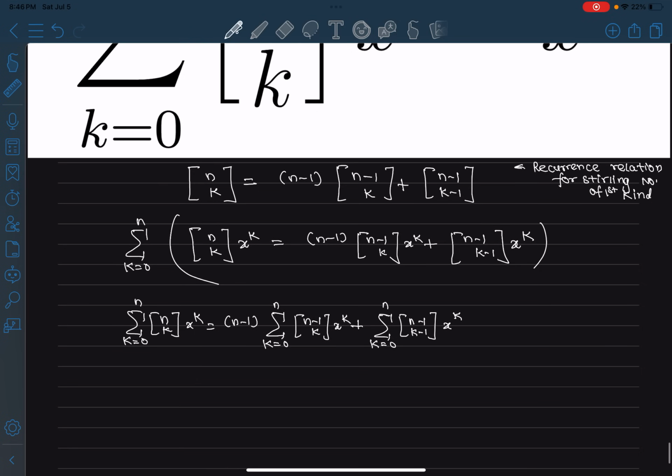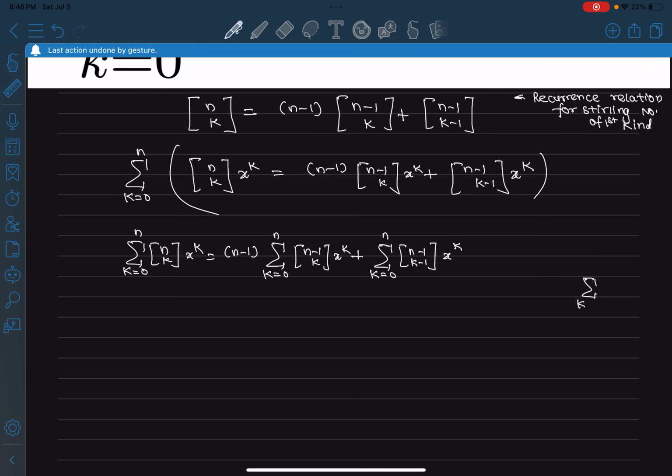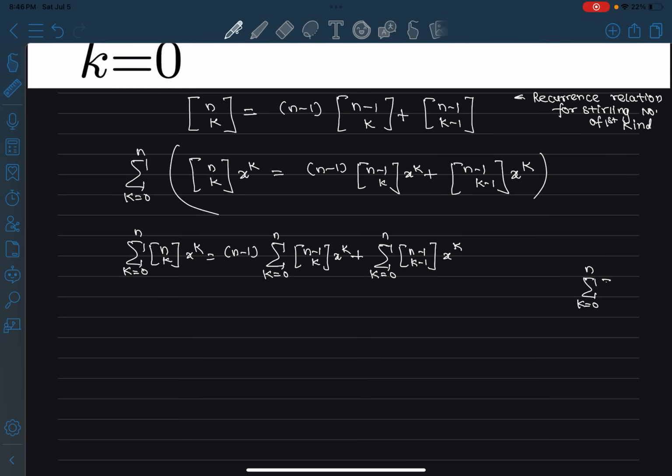Now let us define the sum from k equals 0 to n of [n, k] x to the power k to be f of n comma x, and we'll try to solve for this function.